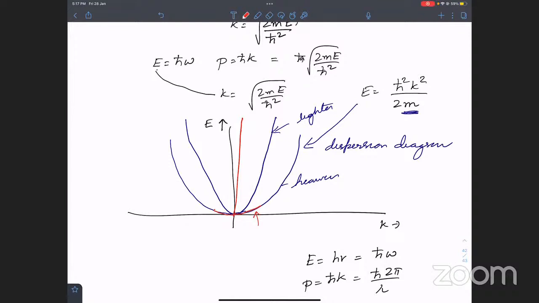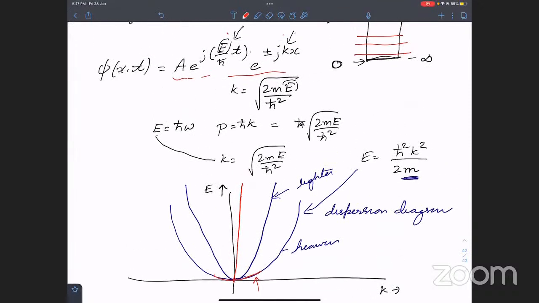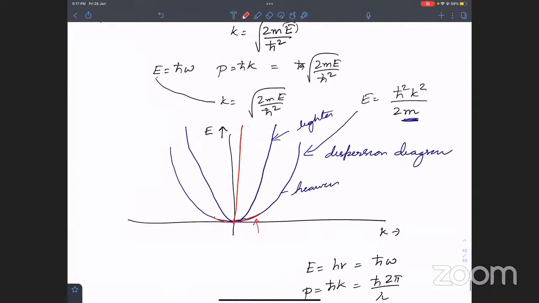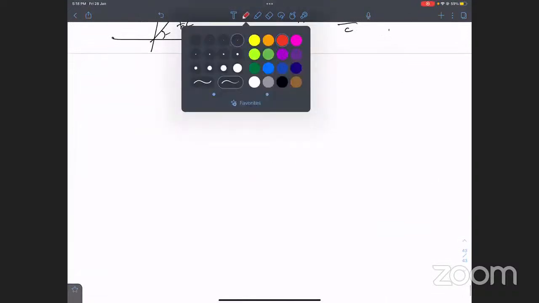Okay, we'll look at it in more detail later on, but I hope you understand the idea for a simple particle in vacuum. Notice that these dispersion diagrams are continuous for a free particle. Not surprising because we already figured that out, right? Now, that is what we did in the first case.